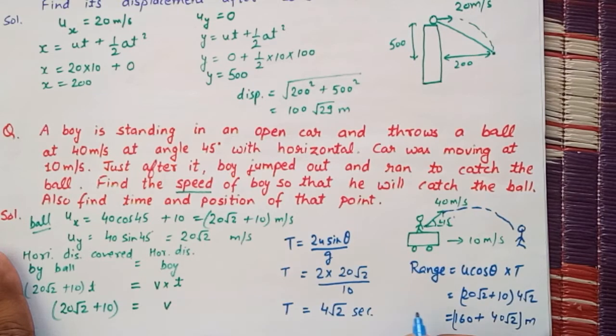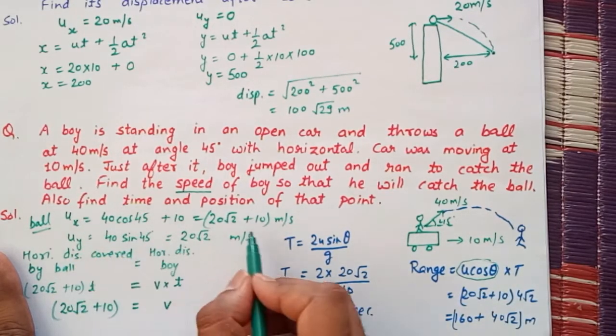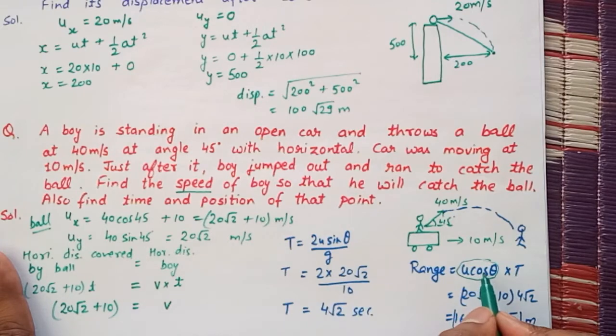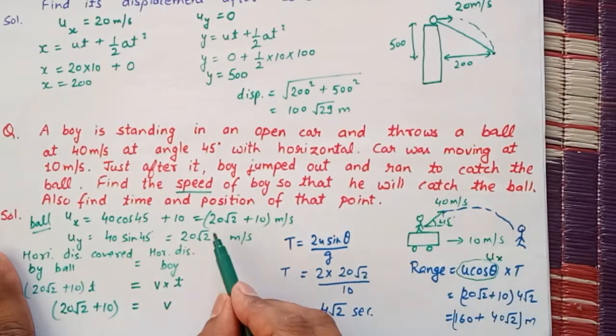This will be the range. Here u cos theta is the horizontal component, and ux is 20 root 2 plus 10. You can write it as ux only. Ux value multiplied by time of flight gives this answer.